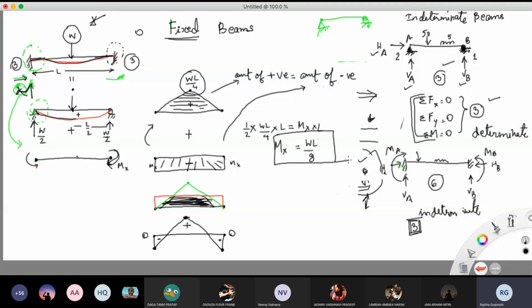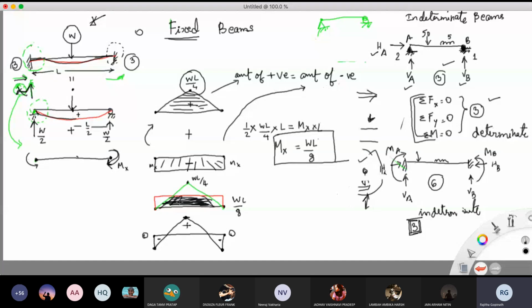समझ में आया? So ये Mx के जगह पे if I have to write, I will write WL by 8. And ये top portion is anyways WL by 4.